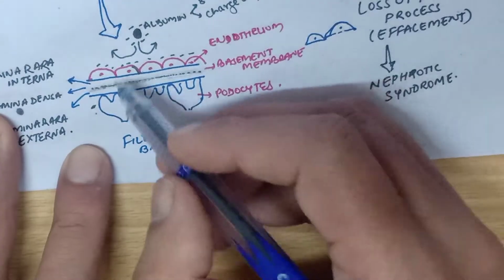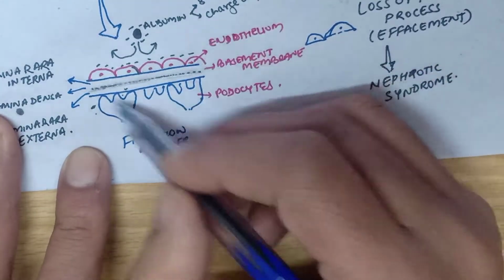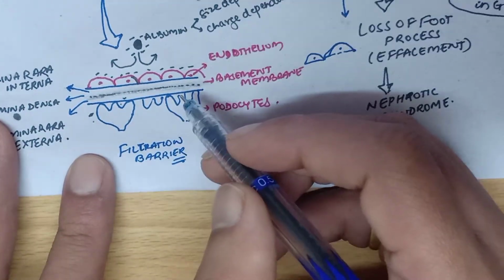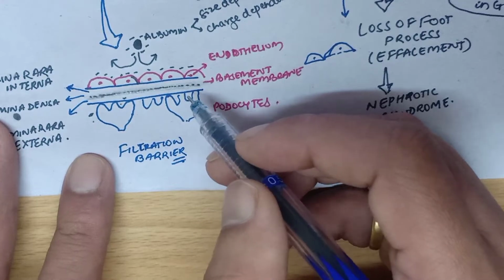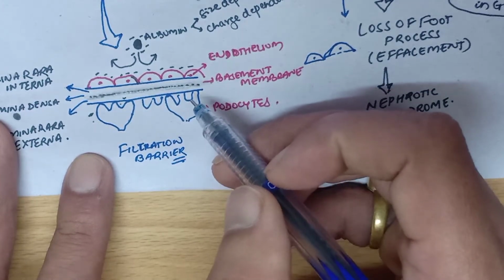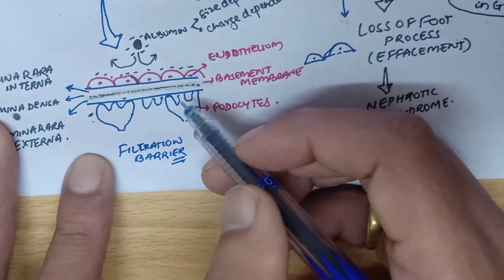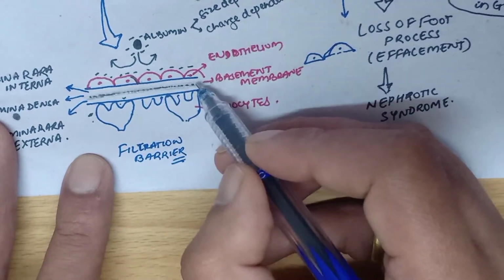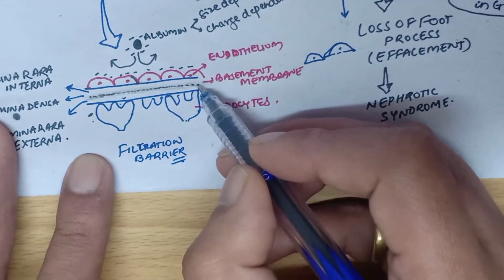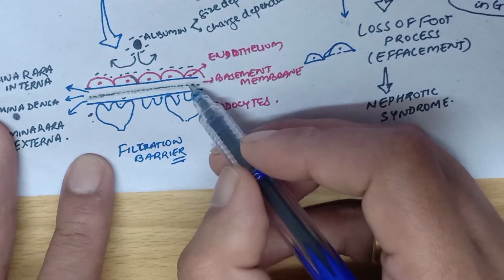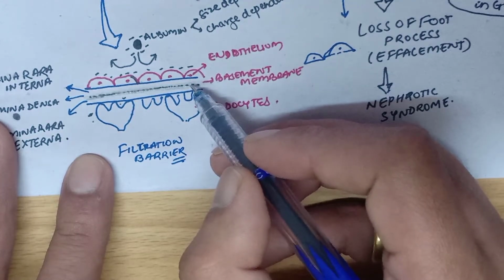Similarly, this forms a filtration barrier. The filtration barrier is made up of fenestrated endothelial cells which line the capillaries. The middle one is the glomerular basement membrane. The glomerular basement membrane has three parts.